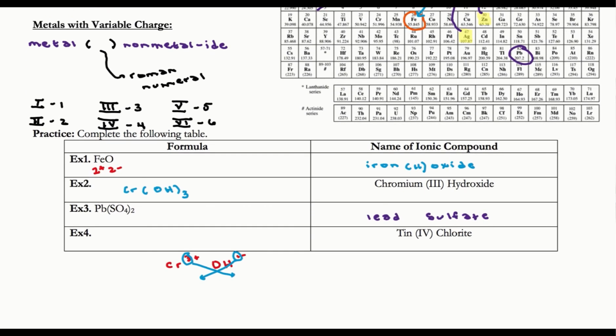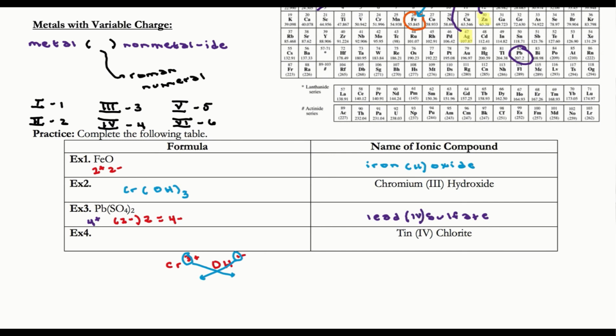All right, sulfate, if you look at your chart, has a 2- charge. How many sulfates do I have? Well, I have 2 of them. So sulfate overall contributes a 4- charge. So what would the charge of lead have to be in order to cancel out that 4- charge? Well, the charge of lead would have to be 4+, because 4+ and 4- would give you 0. So I'm going to put lead(IV) sulfate.